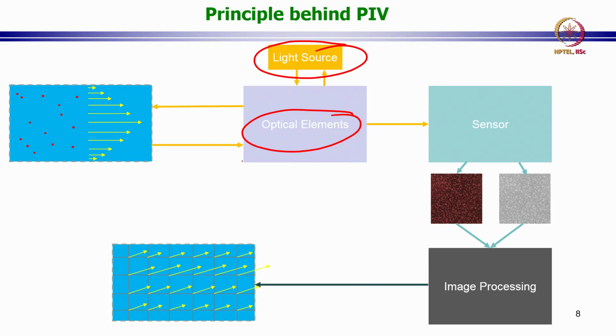And hopefully we have discussed quite a bit on the tracers, quite a bit on the light source, some issues of light sheet optics versus micro PIV in the optical elements, and we also discussed a bit about the sensor triggering and how 2 images are taken. So we'll stop here today, and in the next class we will get to see aspects of image processing that are a very important part of particle image velocimetry. So we'll stop here today, and I will see you next time.